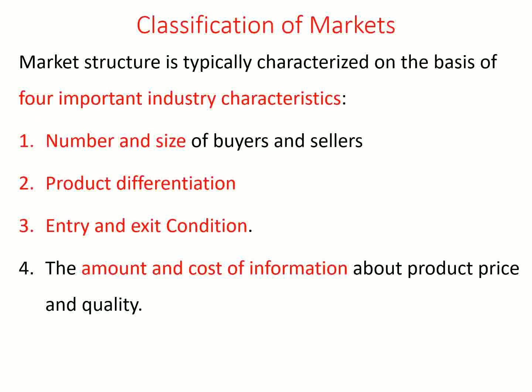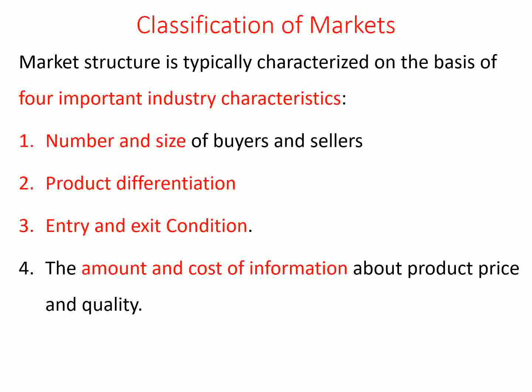Let's move to the classification of market structure. Market structure is typically characterized on the basis of four important industry characteristics. Now let's see the criteria used to divide market structures. The first is the number and size of buyers and sellers.